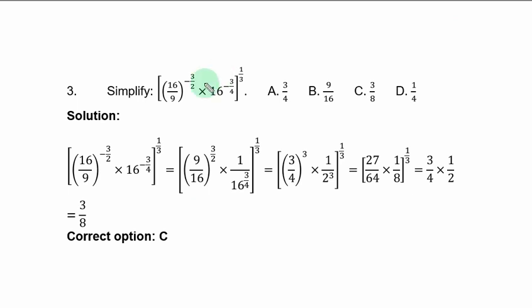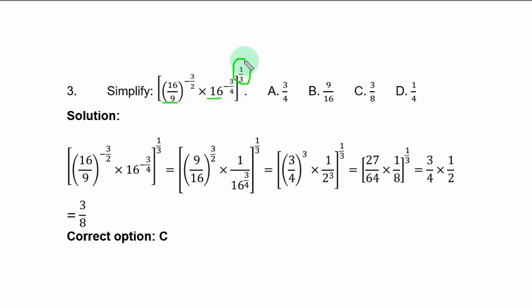Question 3. Simplify. Bracket open. You have 16 over 9 to the power of minus 3 over 2 times 16 to the power of minus 3 over 4. You close the bracket to the overall power of 1 over 3.